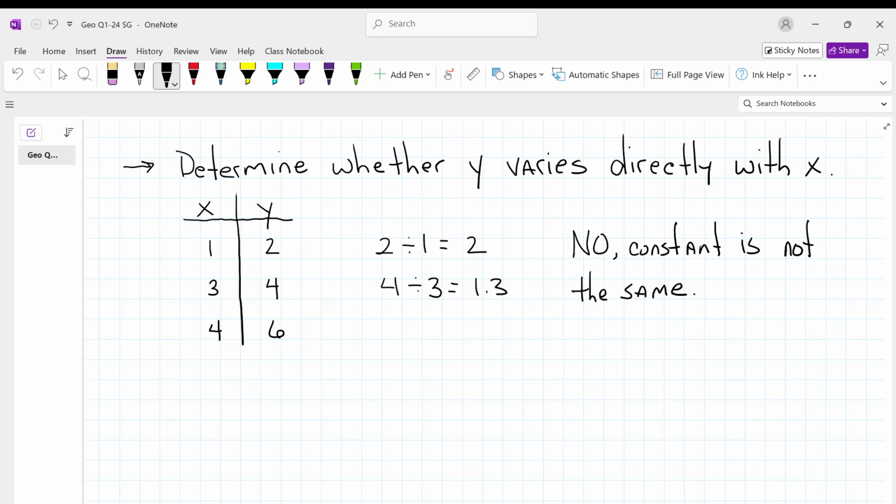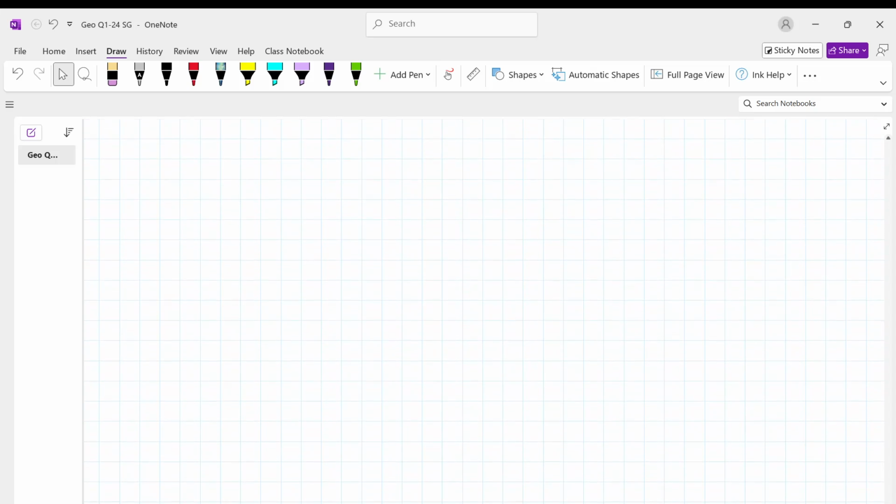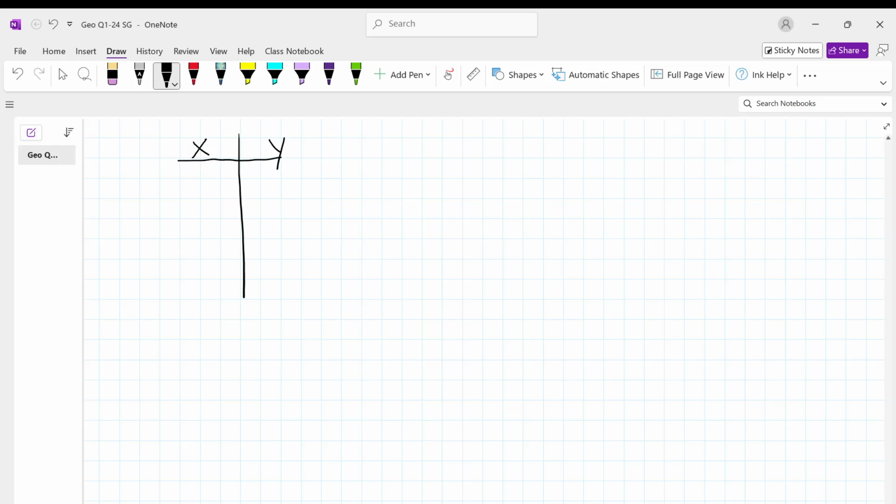So let's take another table of values. Same question. Now we've got an x and a y. We've got an input of 1, output 4, input 2, output 8, input 3, output 12. All right, so we start dividing the y's by the x's.